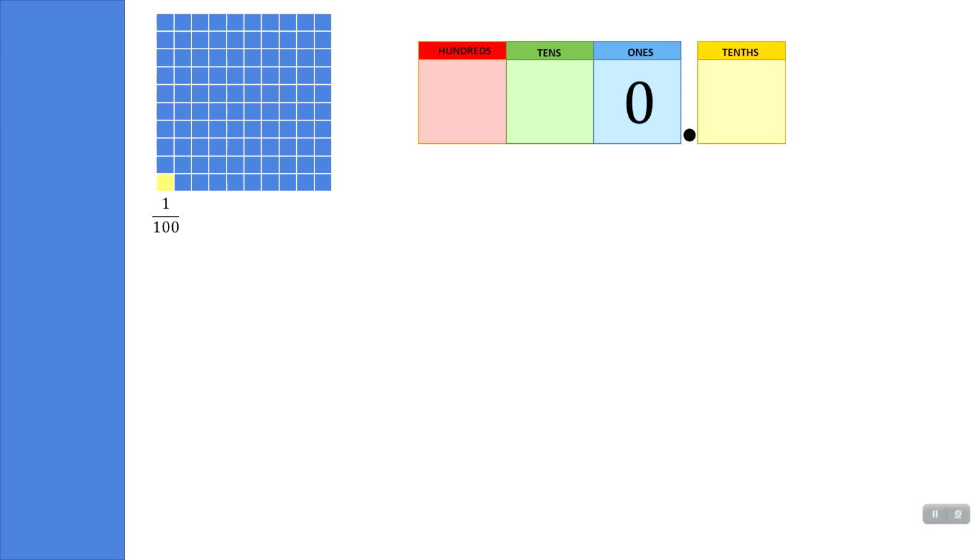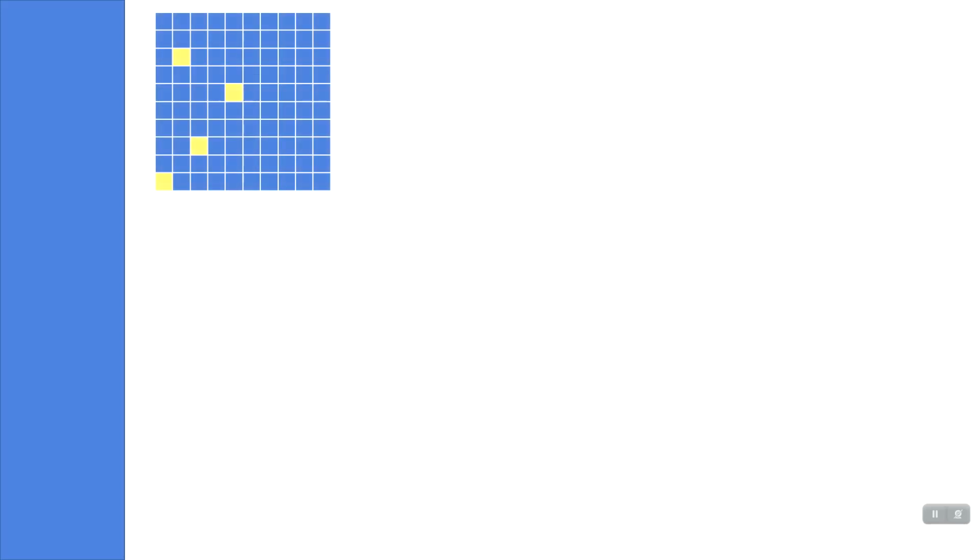The column to the right of the ones place is the tenths column. But we have 1/100th, and so the next column is hundredths, and we write the 1 in the hundredths column. In the tenths column, we put a 0, and so 1 over 100 is known as 0.01 as a decimal. 1/100th is 0.01.